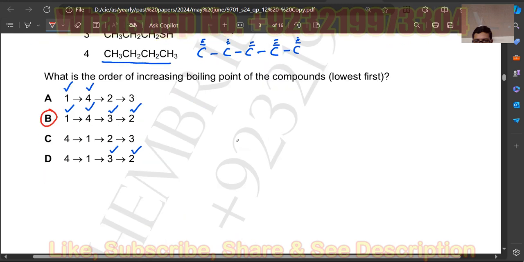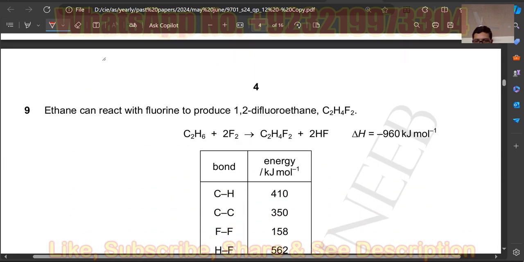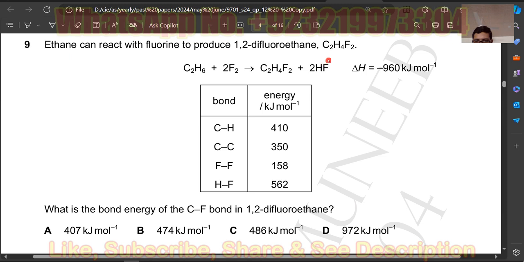Now the next question, question number 9. Ethane can react with fluorine to produce 1,2-difluoroethane, C2H4F2, and we have this chemical equation in which ethane is reacting with a fluorine molecule to produce this difluoroethane plus an HF molecule, and enthalpy is given.